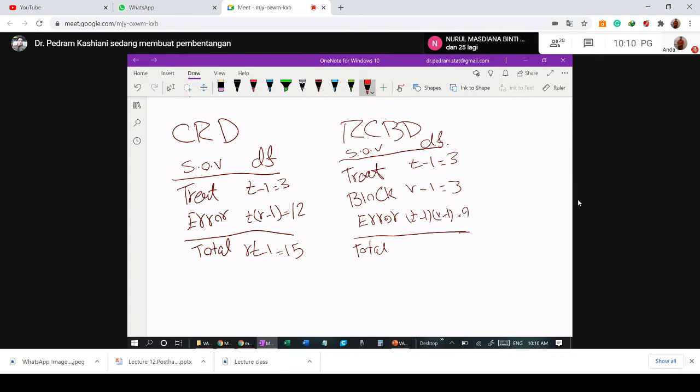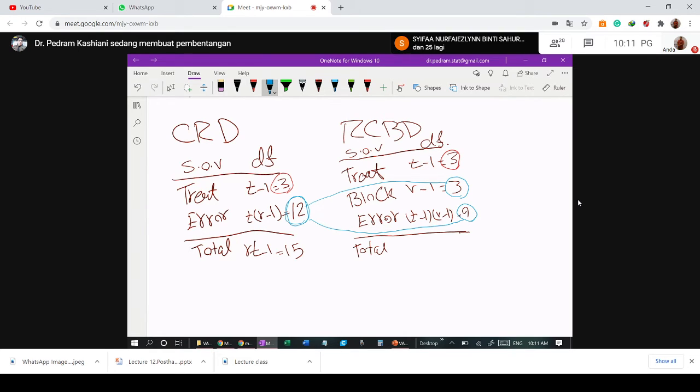The treatment is the same. The treatment here is 3 and here is 3. So we have no problem with treatment. But what happened? This 12 was divided into 2 parts, 3 and 9.